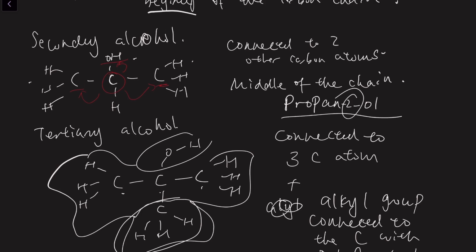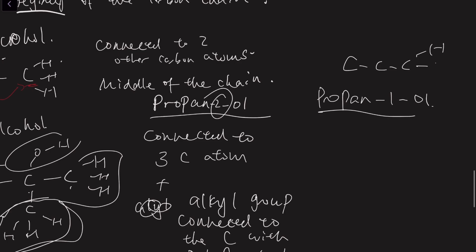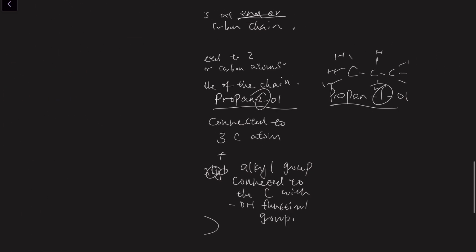If you get something like propan-1-ol, then you know it is a primary alcohol. So it looks like this. And there's no propan-3-ol, because propan-3-ol is the same as propan-1-ol. And we always want to take the smallest number possible.